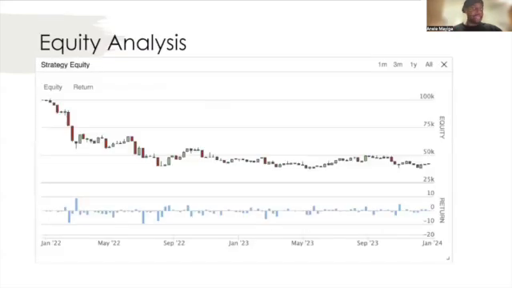Looking at the equity analysis, we see that the equity graph for the 2022 to 2023 period highlights severe underperformance by the strategy. The portfolio experienced a sharp and sustained decline in the first half of 2022, leading to significant losses. While the equity stabilized somewhat in the later part of 2022 and throughout 2023, there was no meaningful recovery in the portfolio value.